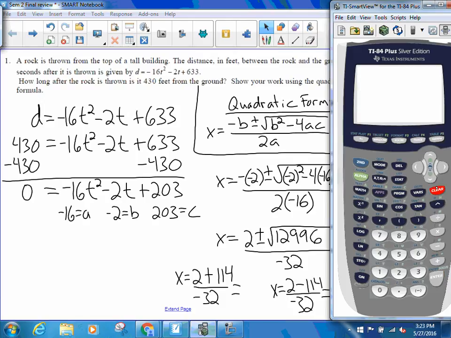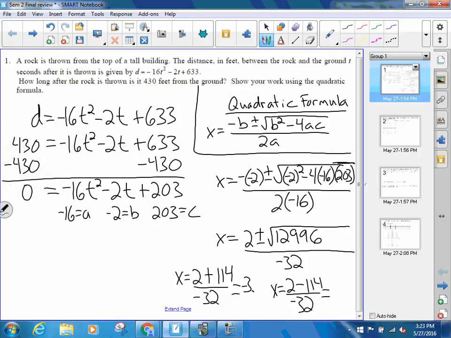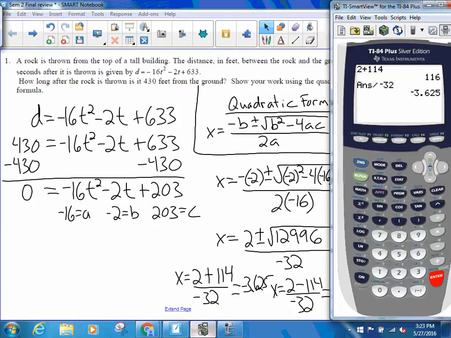Okay, so the 2 plus 114. Now when you're doing this, make sure you figure out the top first. So I'm going to do 2 plus 114. Okay, that's 116 divided by negative 32. So I get a negative 3.625 there. Okay, then I'm going to do the other one.